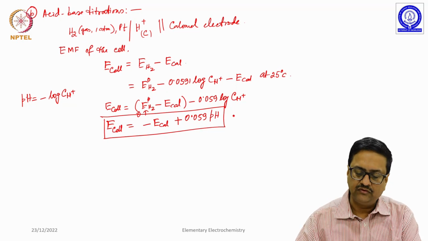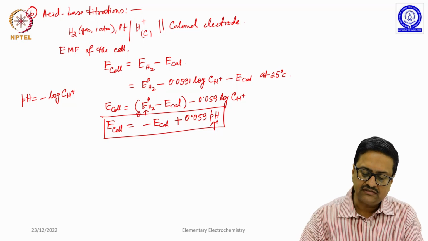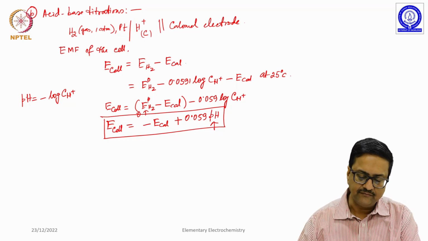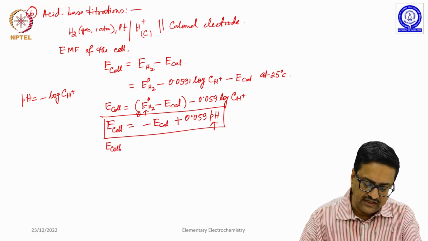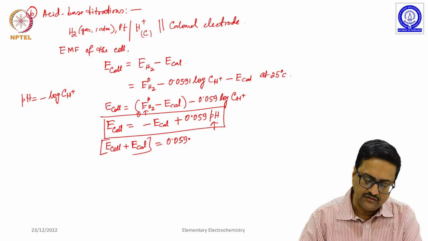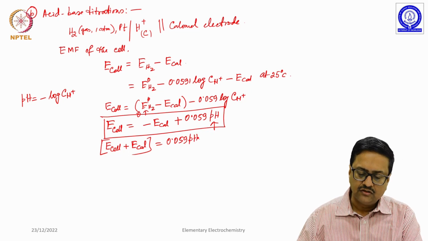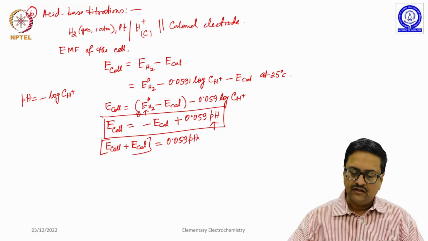So, using this equation, we have a variable pH. So, one can measure the corresponding pH, which essentially means E cell plus E calomel equals 0.059 pH.